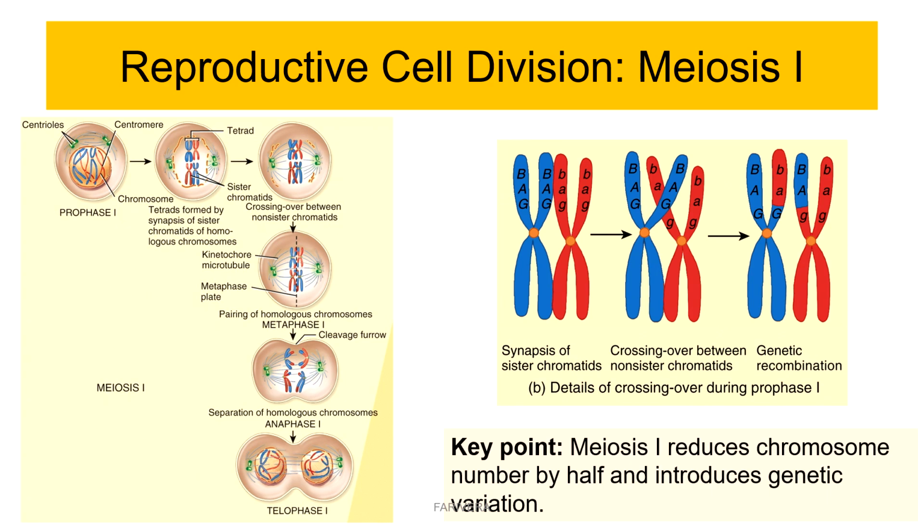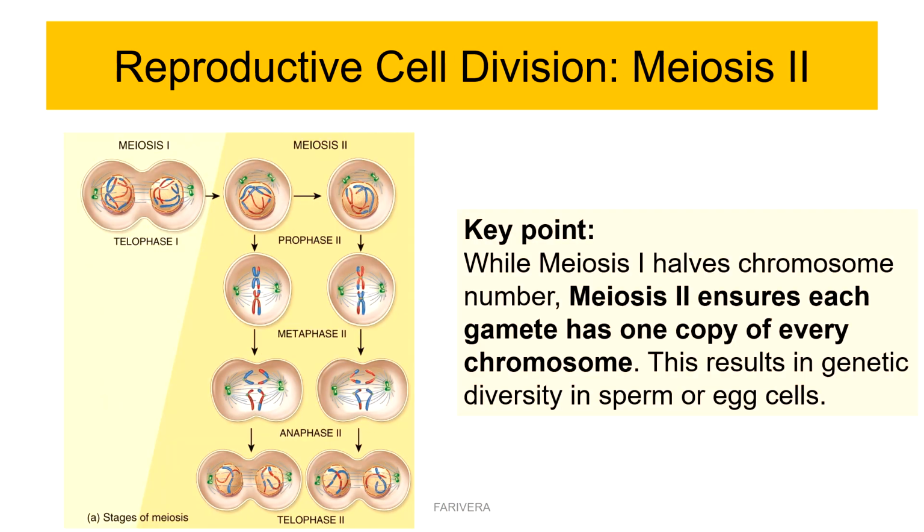Errors during this process can contribute to chromosomal abnormalities. After meiosis 1 comes meiosis 2. During meiosis 2, sister chromatids separate. Okay, so the process eventually produces haploid cells containing one copy of each chromosome.